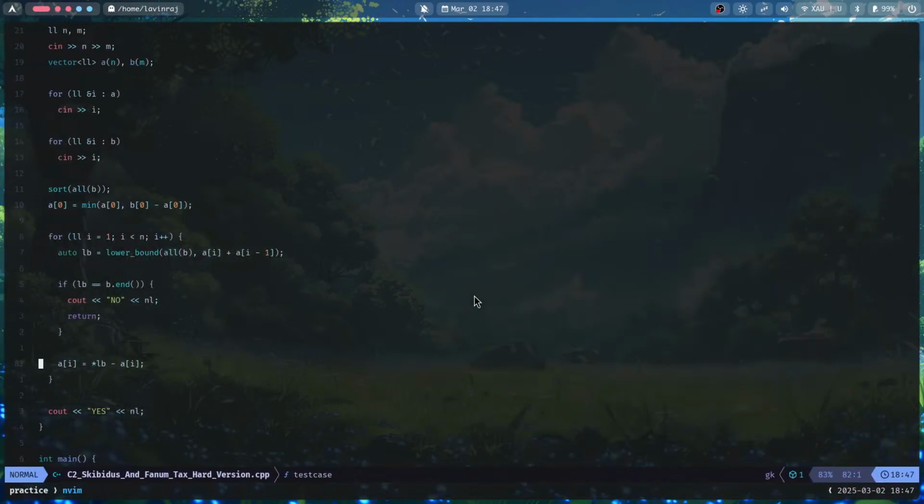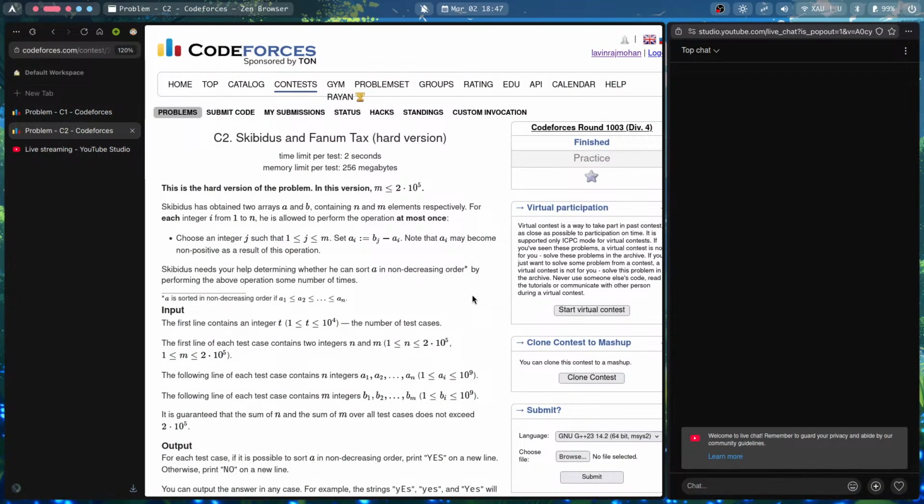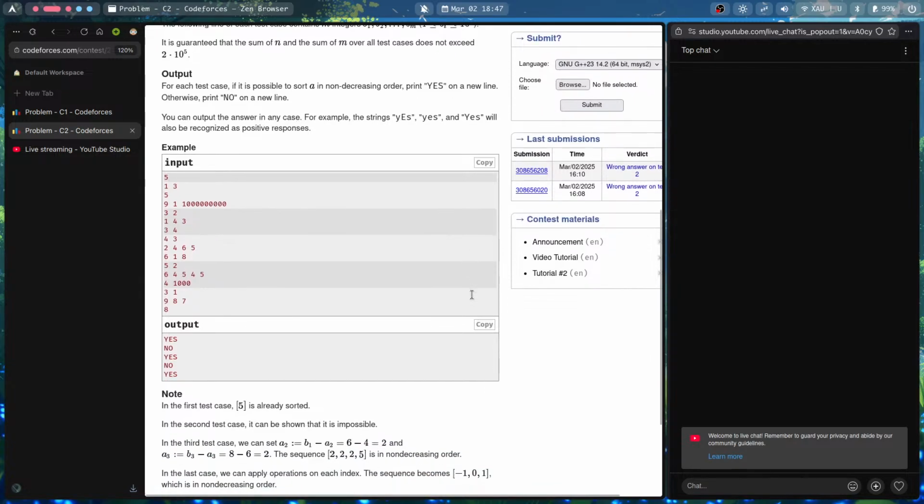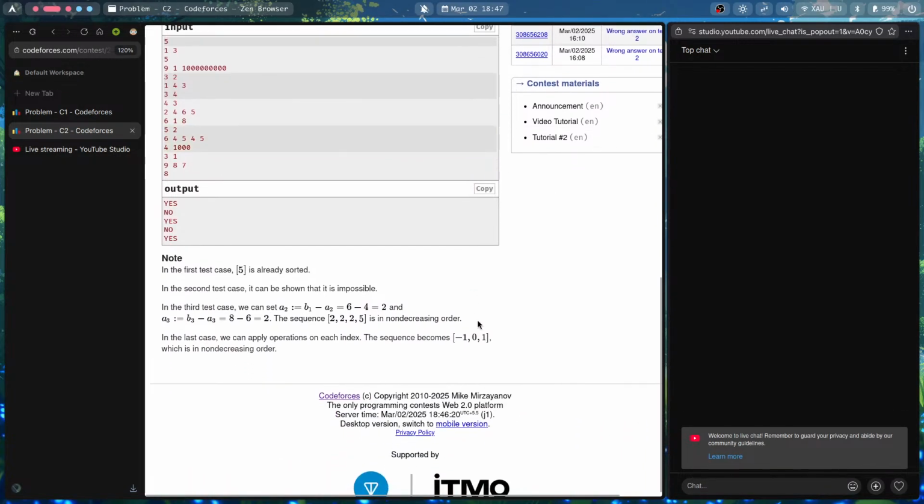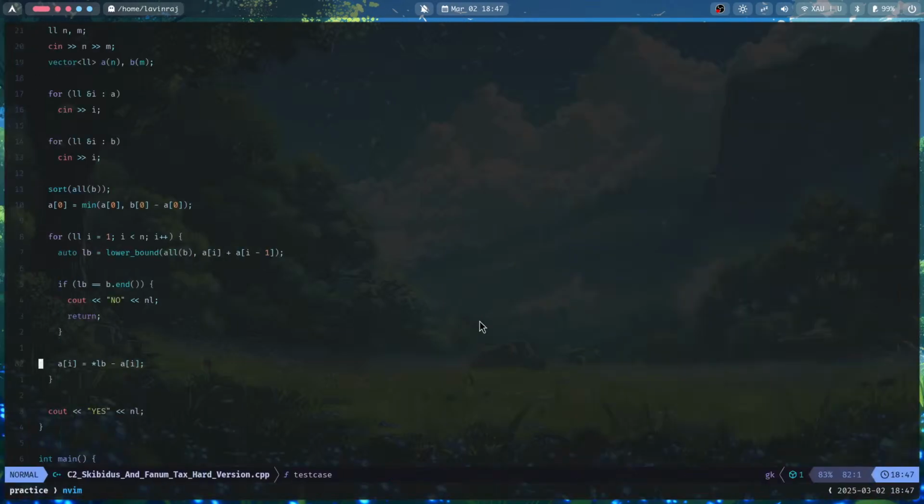Hmm, how are we going to do that? Do we need to find a unique value? No, it's not possible because if the m is less than n, then okay, that's not possible. Okay, okay. What could be the issue?